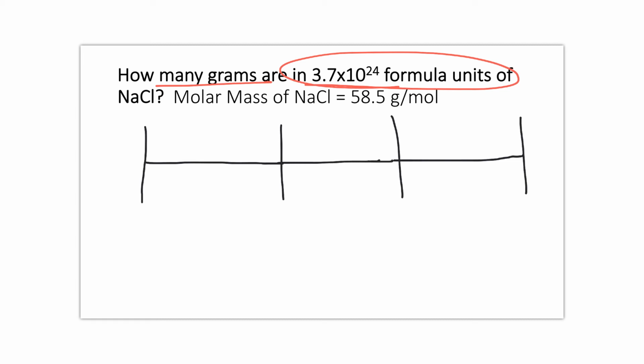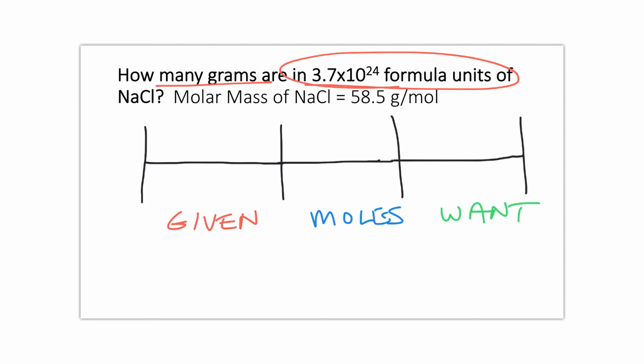So the way I give this is given, this is moles, and then this is want. Whatever you're given, those units go here, then we convert to moles, and then we convert to the want unit.